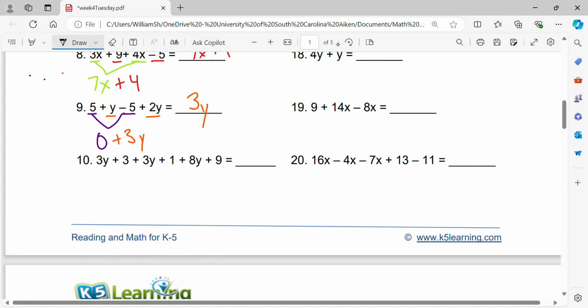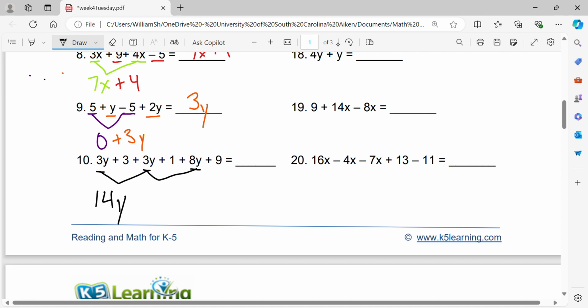3y plus 3 plus 3y plus 1 plus 8y plus 9. Alright, I'm going to combine the y terms here. So I have 3y plus 3y, which is 6y, plus 8y, which is 14y.